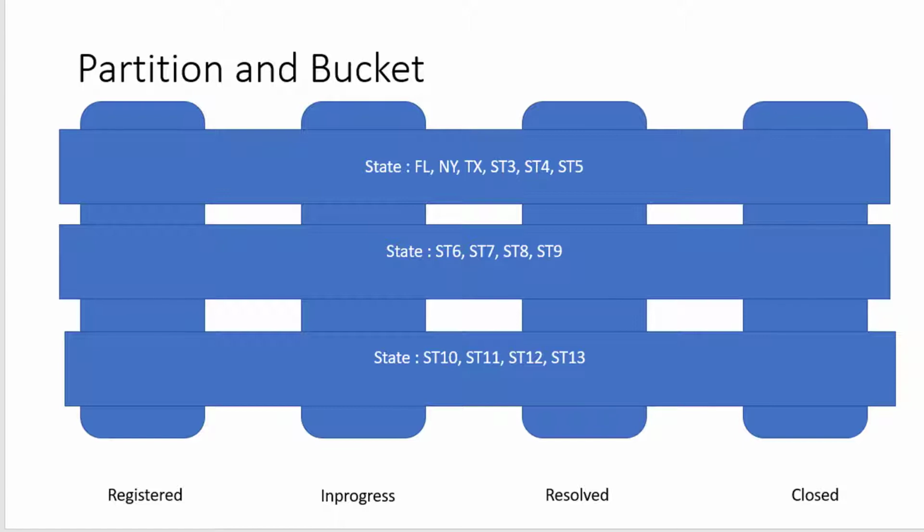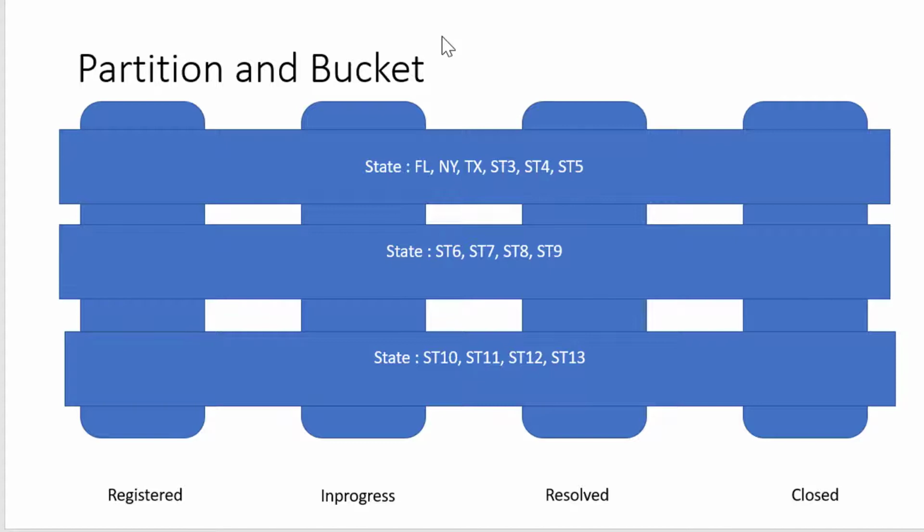Let us take an example. Say the first bucket has the records from the states Florida, New York and Texas. All the partitions would have the records from these states in the first bucket only. So the only difference is that within the buckets I can have multiple values of that specific column, and this would be very useful whenever I am doing a join between the datasets, or if I want to do sampling.